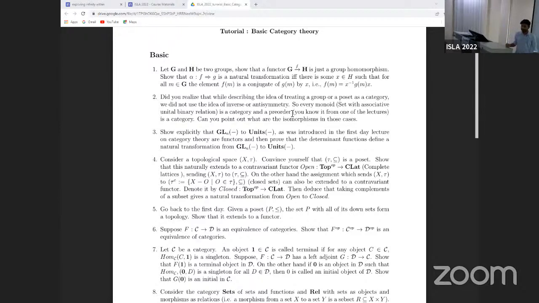But if you remove this antisymmetry condition, then it is telling you that if X is less than or equal to Y in a pre-order, there is a morphism, then Y is less than or equal to X. That is, there is a morphism from Y to X as well. Right?